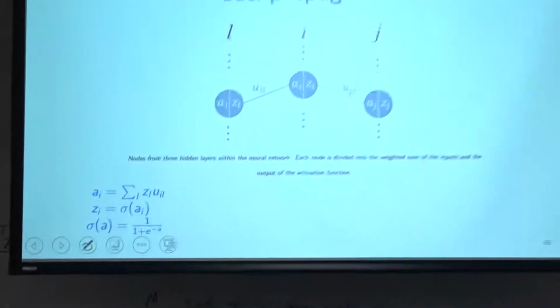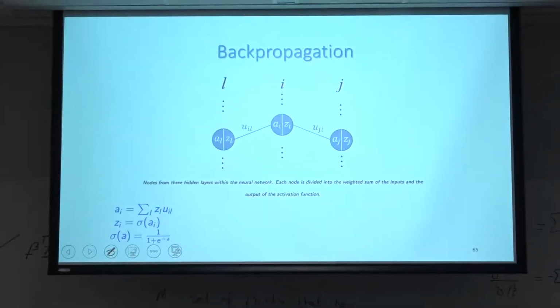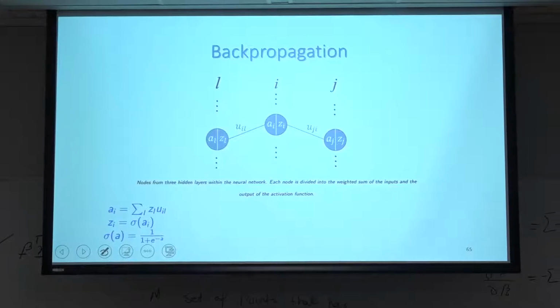One algorithm which was a real breakthrough in the area of neural networks and made neural networks become famous was backpropagation. Backpropagation was a way to compute the derivative of the cost function with respect to one of the parameters, which is the weight.